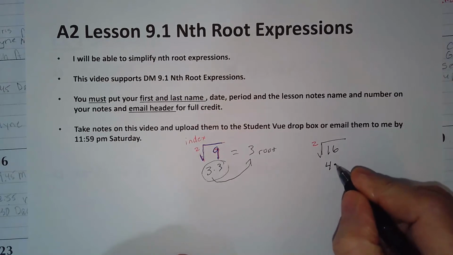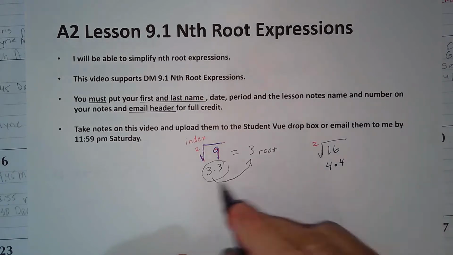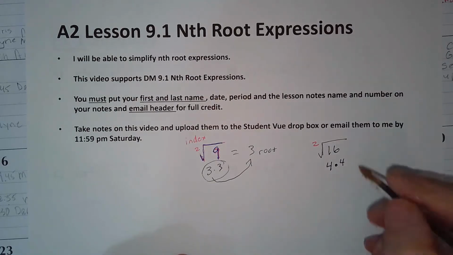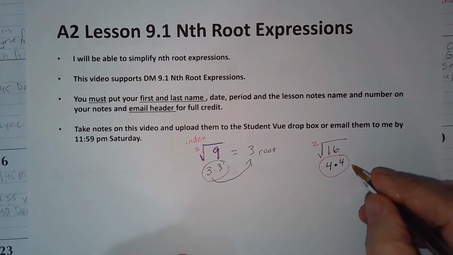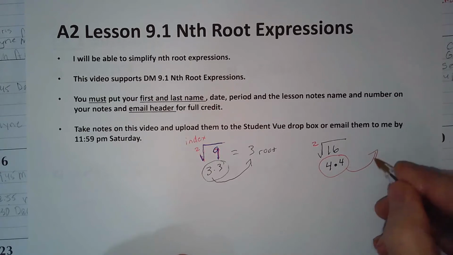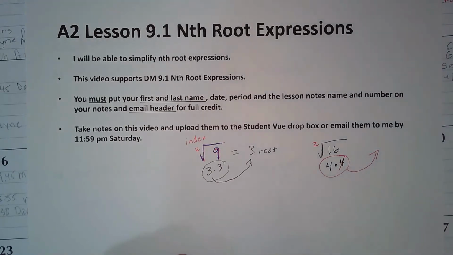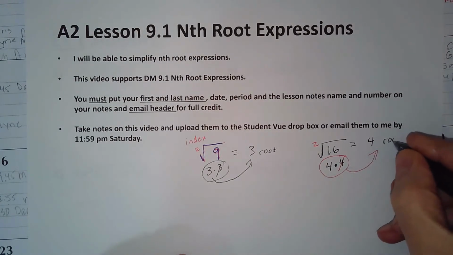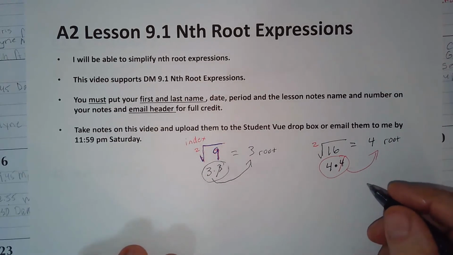So there's 2 of these. You always have to have 2 when you're talking about square roots. So 1 gets to come out, the other one is shot, and so you're left with a root of 4. Okay? That's basically what's going on there.